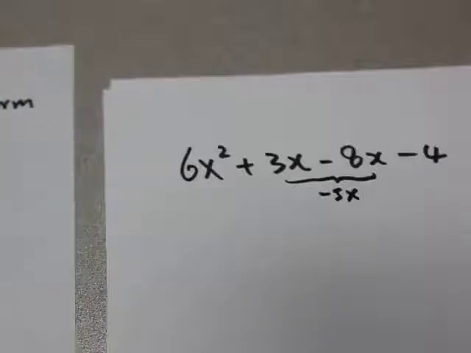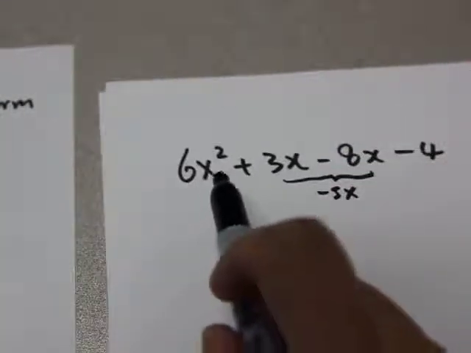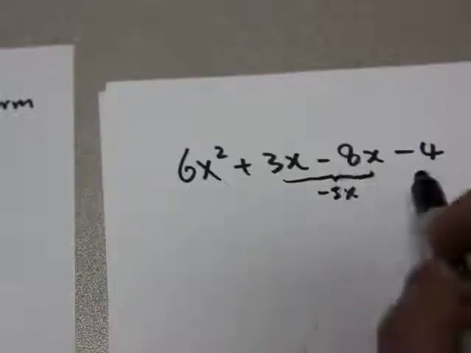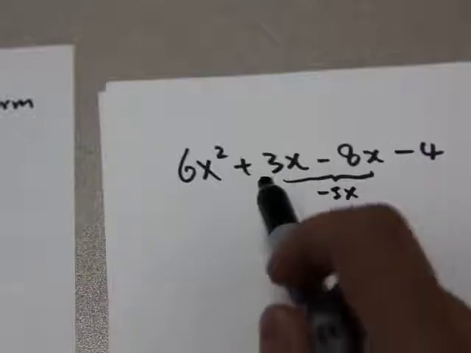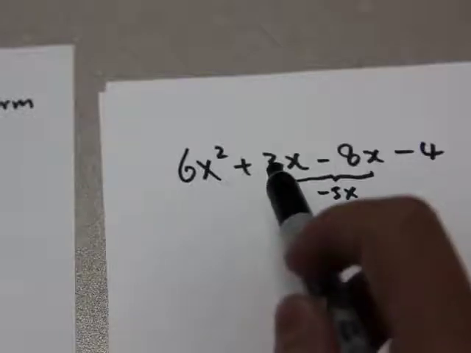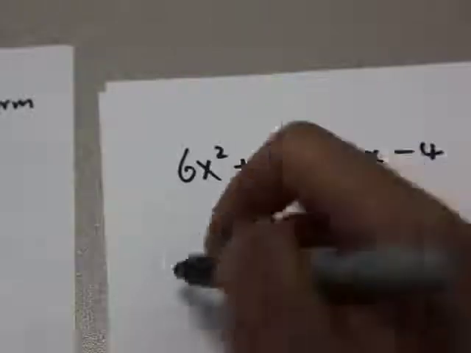But then while we're doing this, next, since now we have a polynomial with 4 terms, and because not every term has a greatest common factor, we can factor these using the method of grouping.